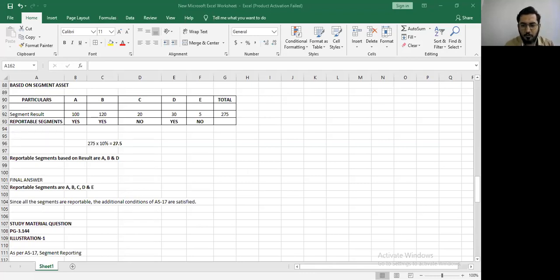Are you clear with whatever we have done in AS-17? Please let me know so that I can proceed ahead. Have you understood AS-17?